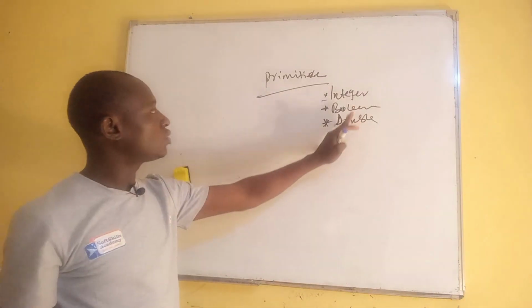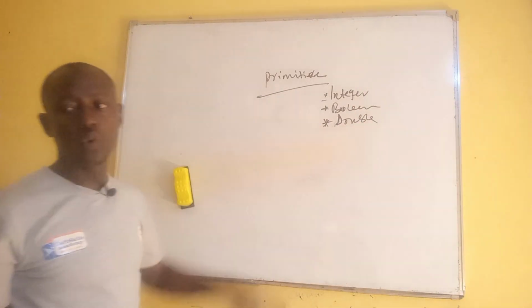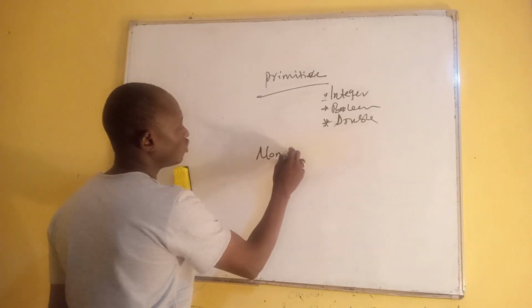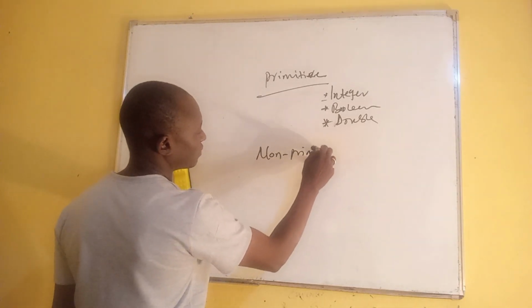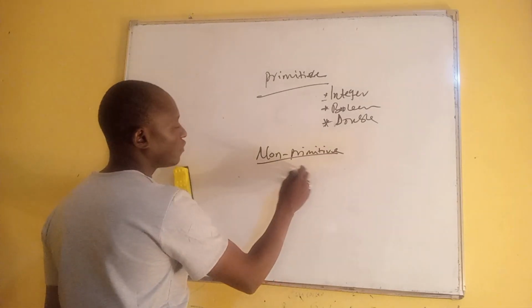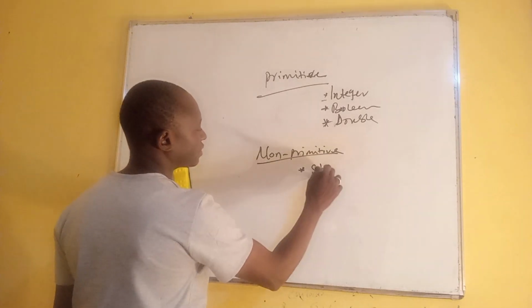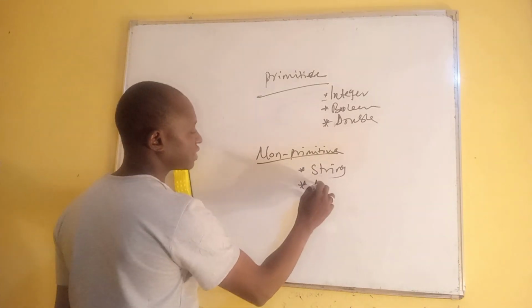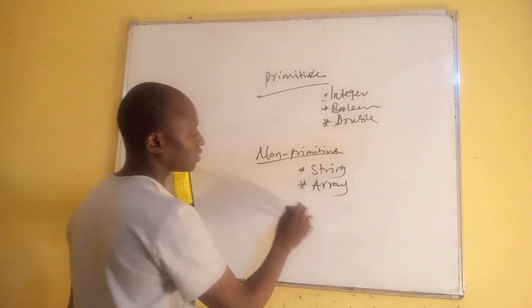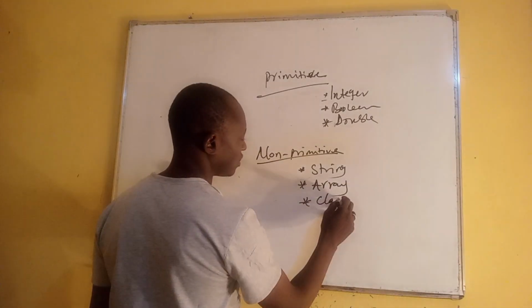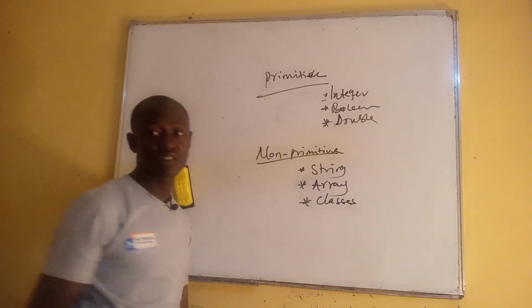In non-primitive data types, we have what we call string. Are we together? We have what we call arrays. Then we have what we call classes, or sometimes they are called packages.